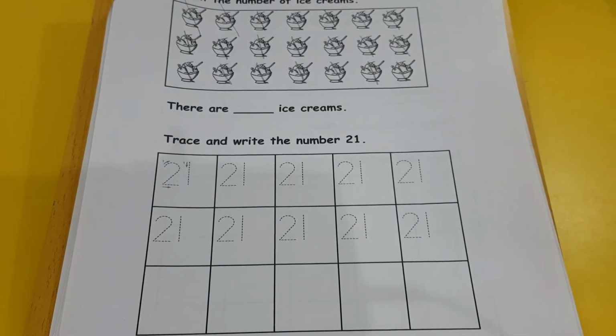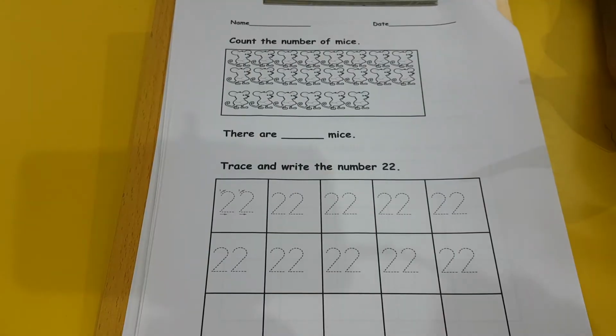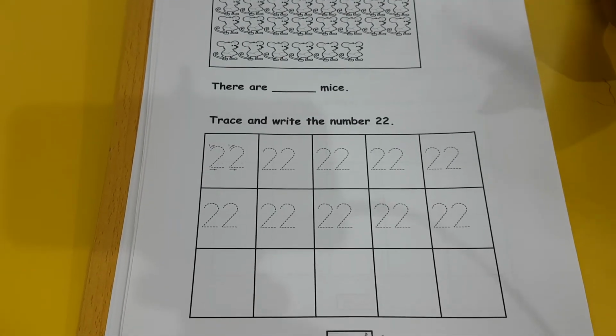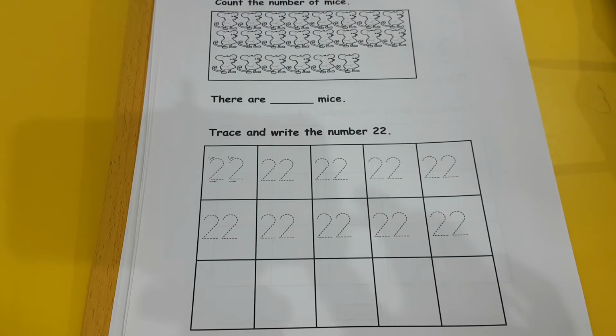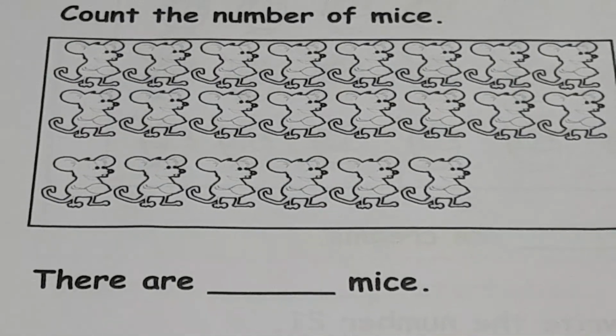Okay. We'll move on to the next page. Go to page number 17 and you'll see a number of mice here. We are going to now count the mice. Shall we count? Okay.